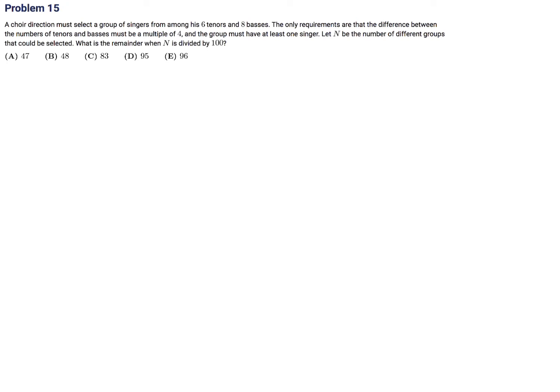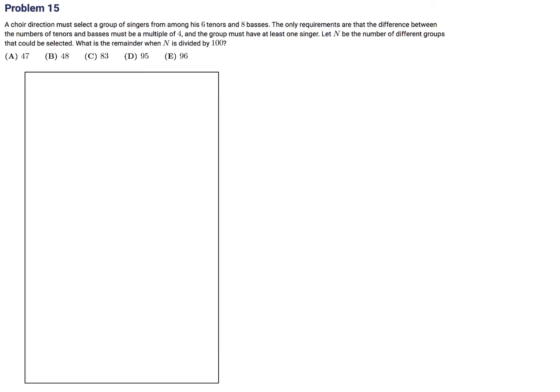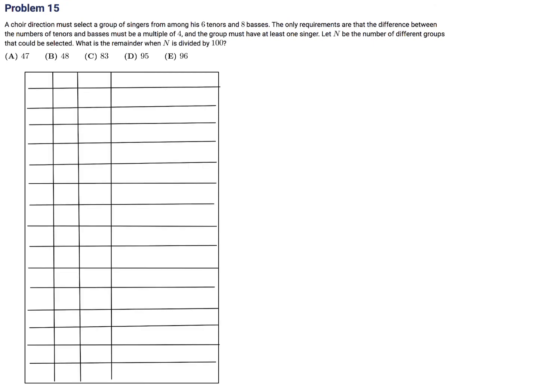Well, let's make a table and off we go. We will put t here, b here, and then t minus b, and see what we get. So t minus b, the difference has to be some multiple of 4. So it could be 0, or it could be 4.